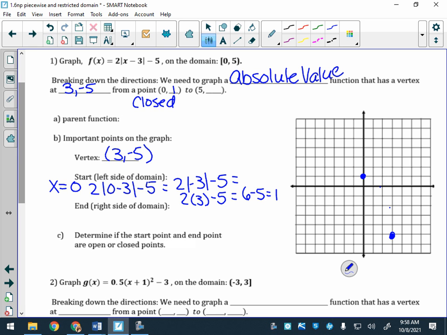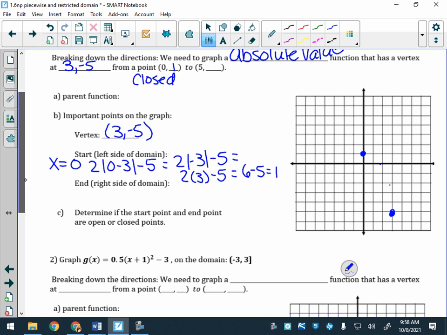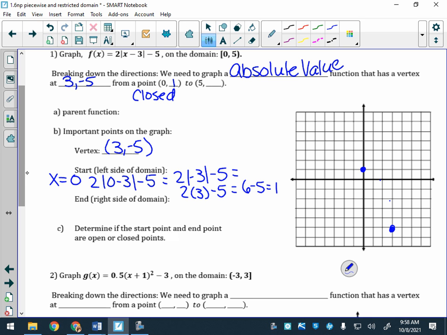Okay? Then we have to do the right side, which is 5. So we substitute x equals 5. And what do we get for the corresponding y value? Negative 1.